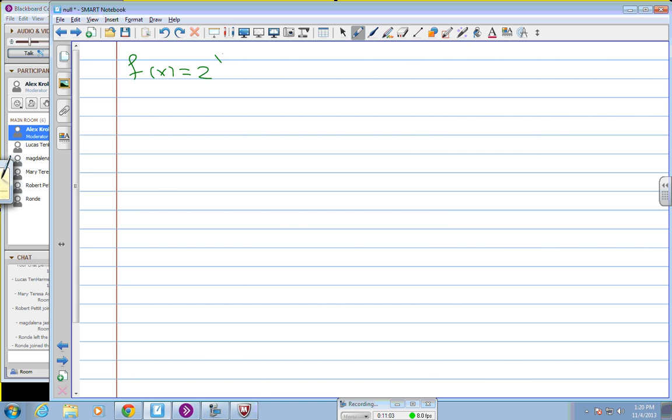So given a value for x, f of 3, we will find out what 2 raised to that power would be. That's 8, right? If I ask you what is f of negative 4, it is 2 to negative 4, so it's 1/16, right? So the exponential function, given the exponent, tells you what you get if you raise the base to that exponent.